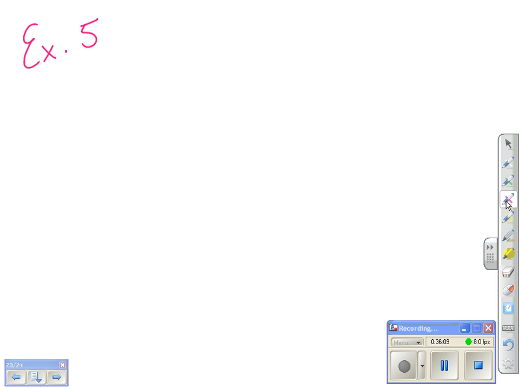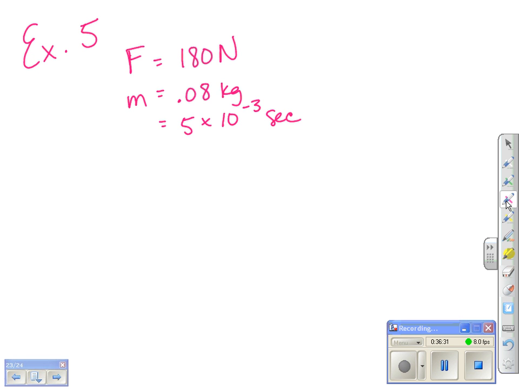All right, so we have a force of 180 newtons. We have 0.08 kilograms. That would be a mass. And we have 5 times 10 to the negative 3 seconds. That would be time. We want to find a resulting velocity.